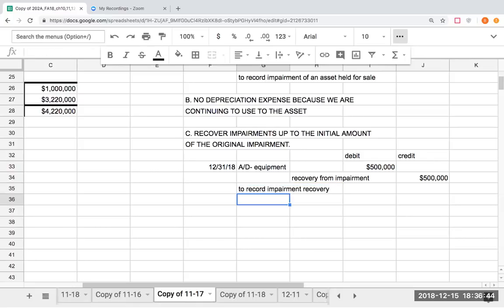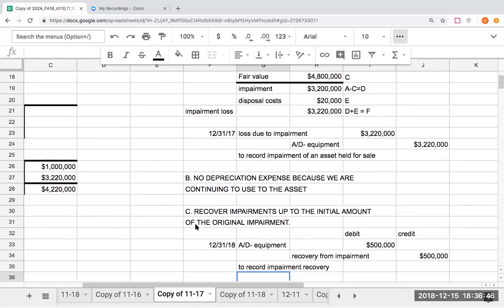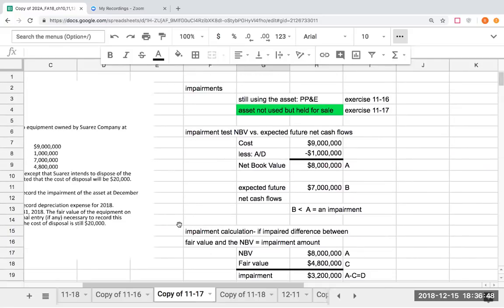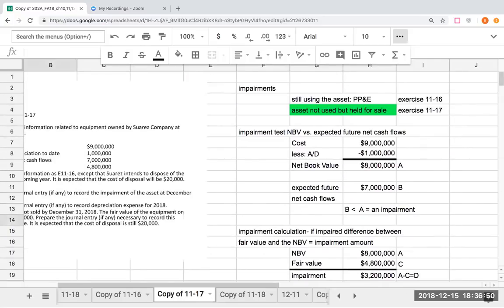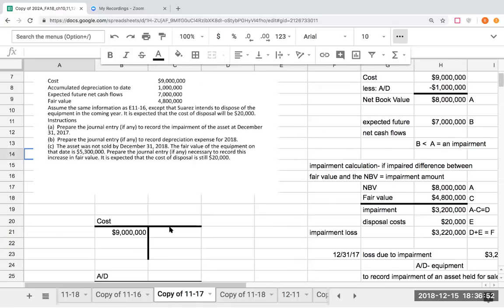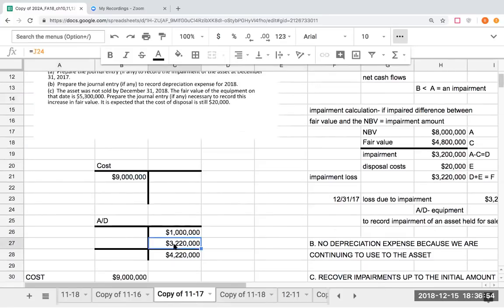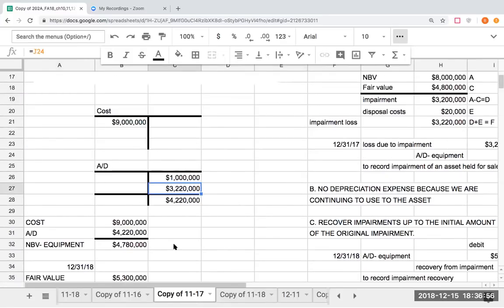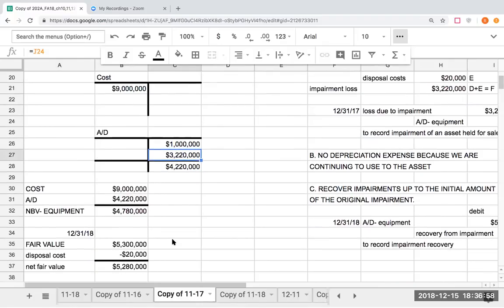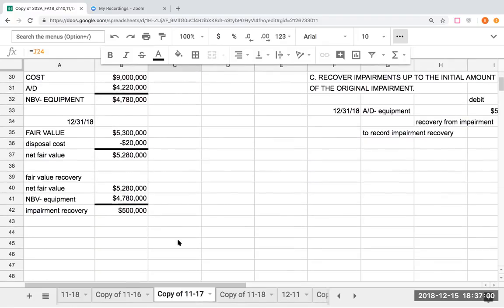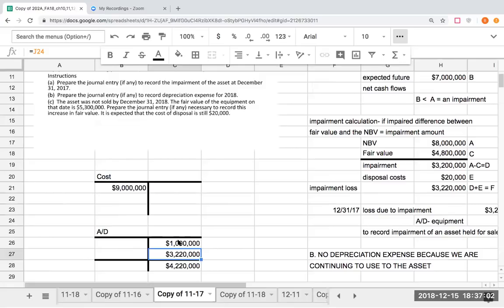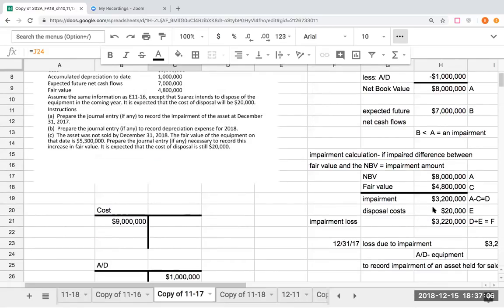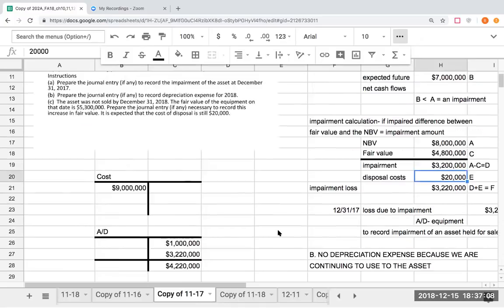So over here again, I'm going through and doing these calculations, and I can continue to recover this until I can go back up to basically 3.22 million. Again, the key here when we're doing the impairment is not really different than everything else we've been doing, except we've got to have the disposal costs.